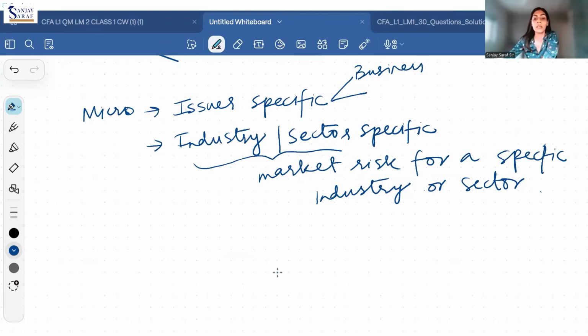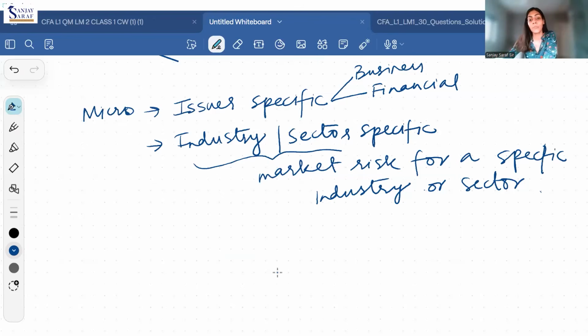It could either come from his financial leverage, the amount of debt he's taken, whether he's taken more debt, whether the returns have paid off for his debt, what is the cost of borrowing.